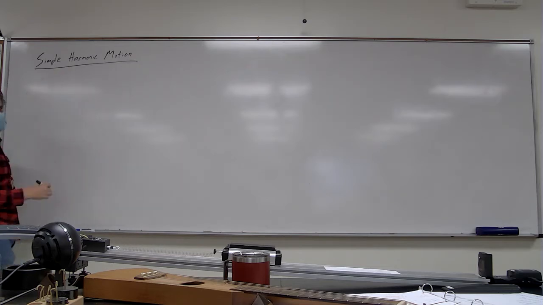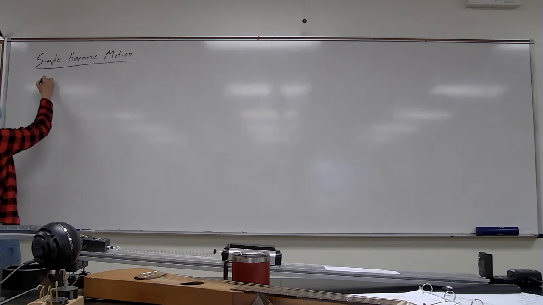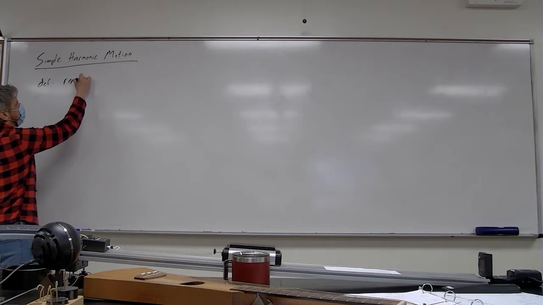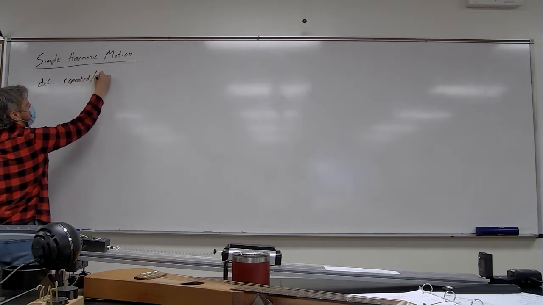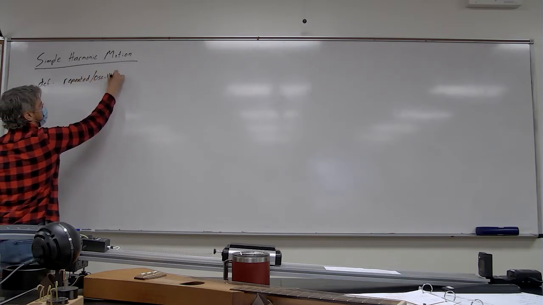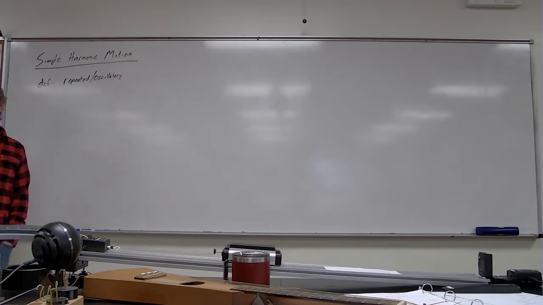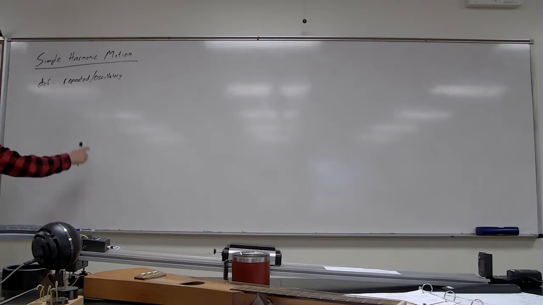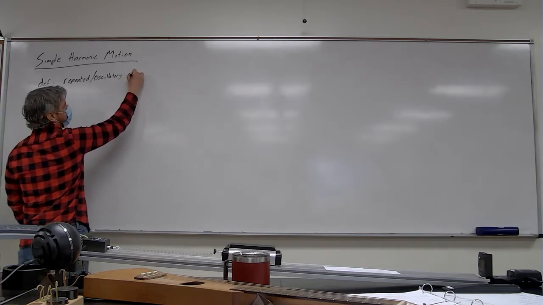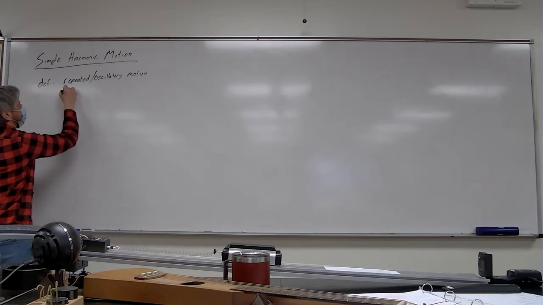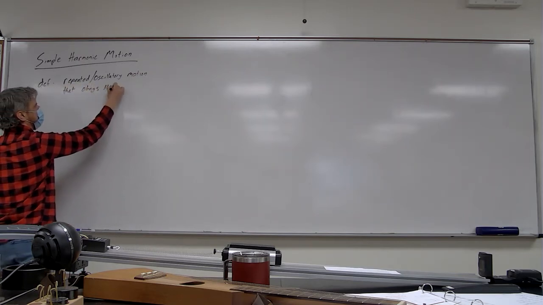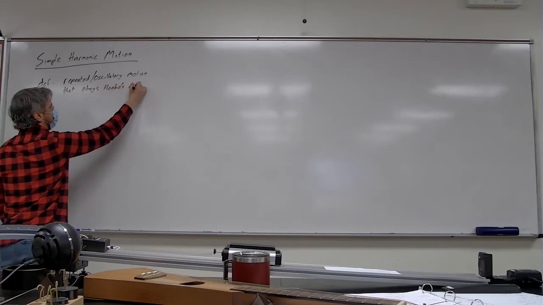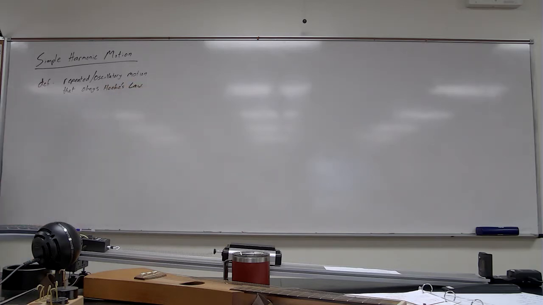So simple harmonic motion, the gist of it, the definition, is repeated or oscillatory, which just means back and forth, up, down, left, right, A, B, B, A. Repeated or oscillatory motion that obeys Hooke's law, which obviously we'll describe.